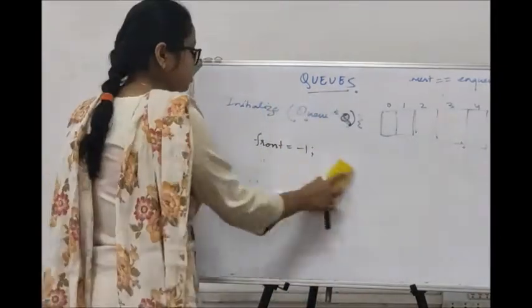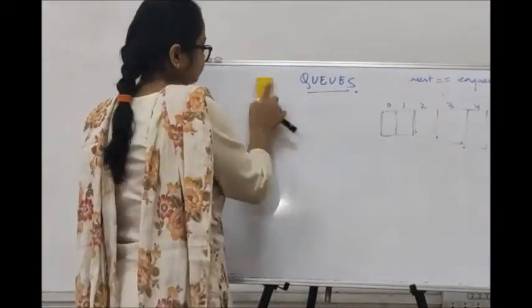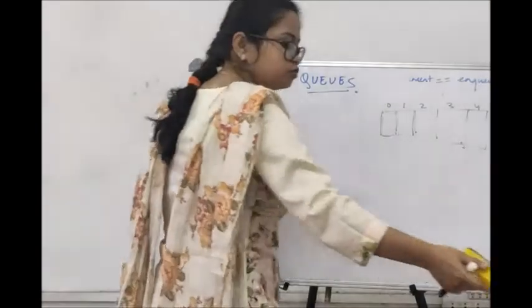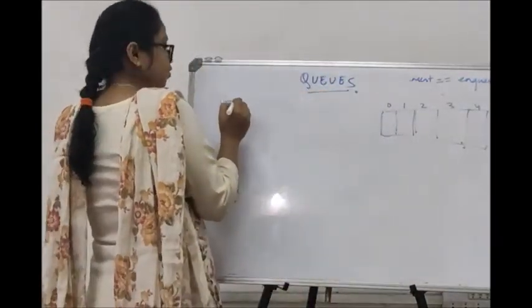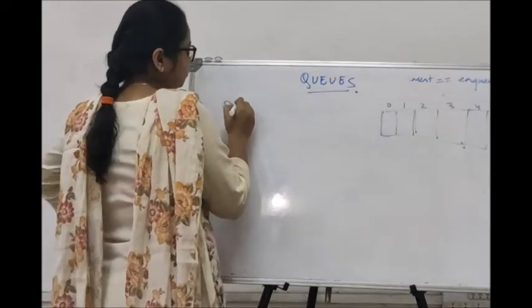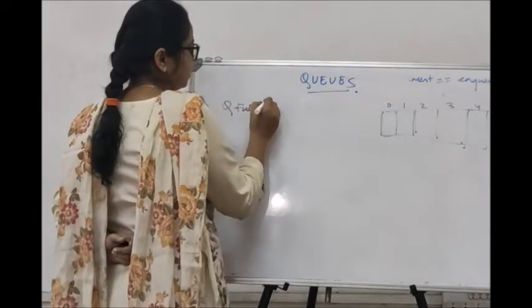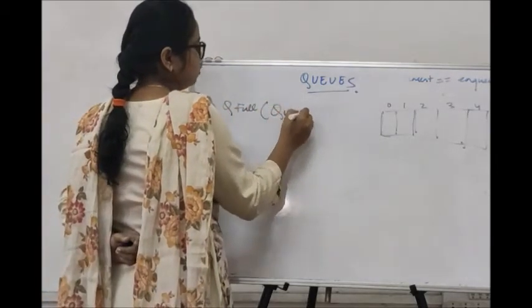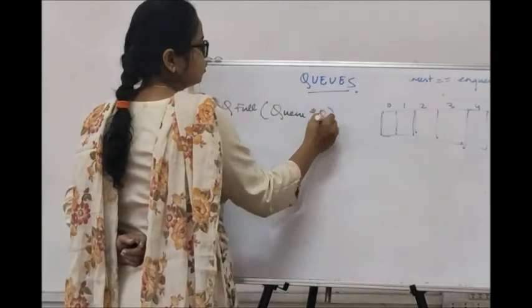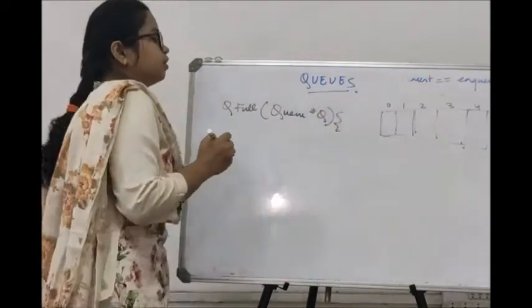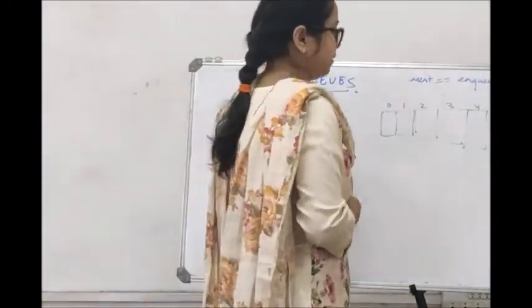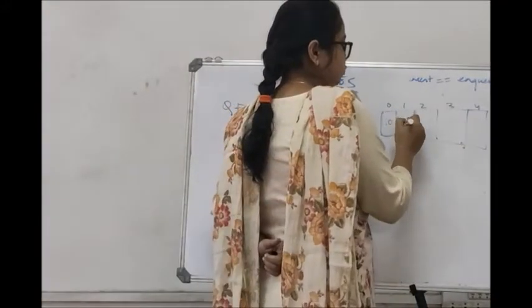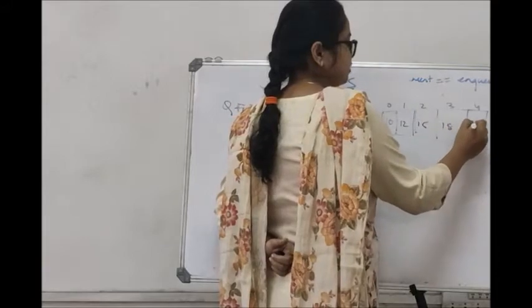Okay, so let's see that. How to check whether Q is empty or not. So Q full, I am defining it as Q full, taking this Q. So when is Q full? Think. Suppose 10, 12, 15, 18, 17 is there.